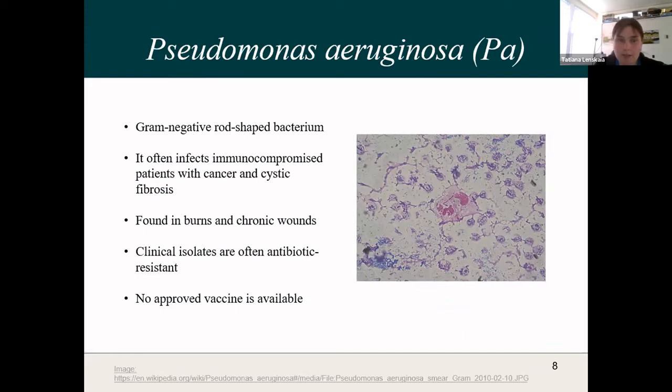Also, these bacteria often colonize burns and chronic wounds. The problem with this bacteria is that many clinical isolates are often antibiotic resistant. And unfortunately, there is no approved vaccine available against this pathogen.